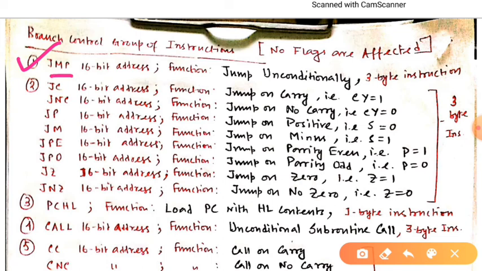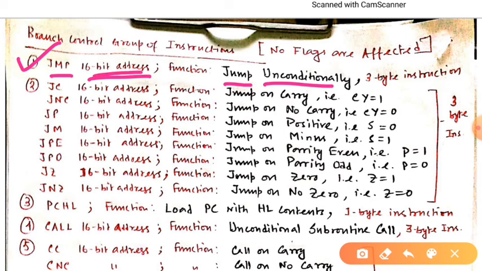Its function is to jump the program sequence unconditionally, or branch the program sequence unconditionally. In a jump, whether it's a jump address or a call address, it is always associated with a 16-bit memory address specifying where to jump.